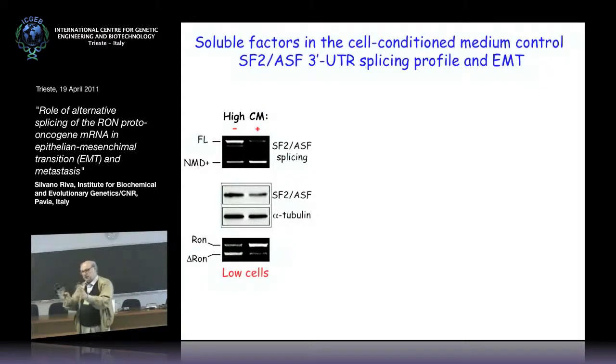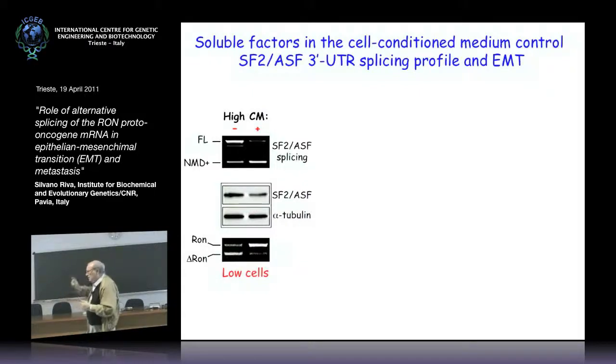Conditioned medium means that you take high density cells, you wash them from the medium, and you resuspend in medium without serum. And so what they do, they secrete all possible things, growth factors, cytokines, and so on. This is called conditioned medium. Conditioned medium can produce the same effect as the cell culture itself.